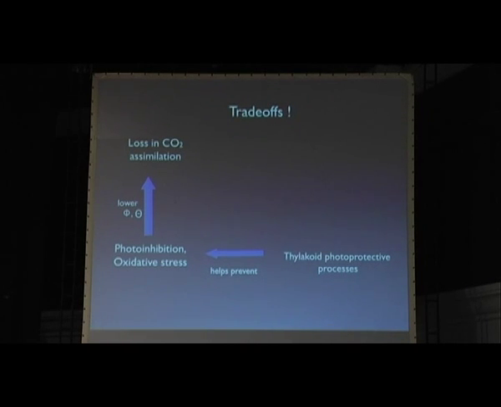But these processes come and go at various rates, and they will also result in a lowering of the quantum yield of photosynthesis. There's a possibility that there is a trade-off required between the amount of photoprotection that exists and the productivity of the leaf. So the question is, how protective is photoprotection, and is it ever wasteful?